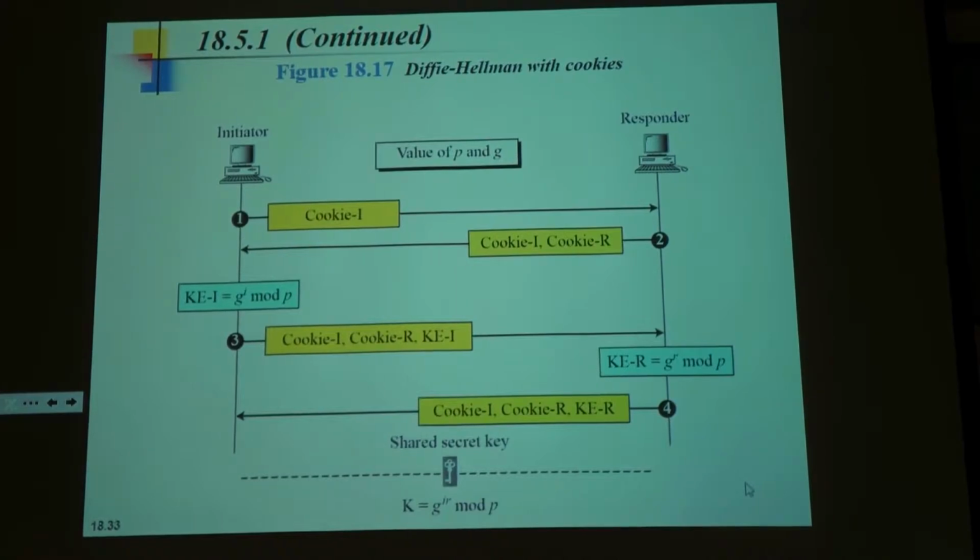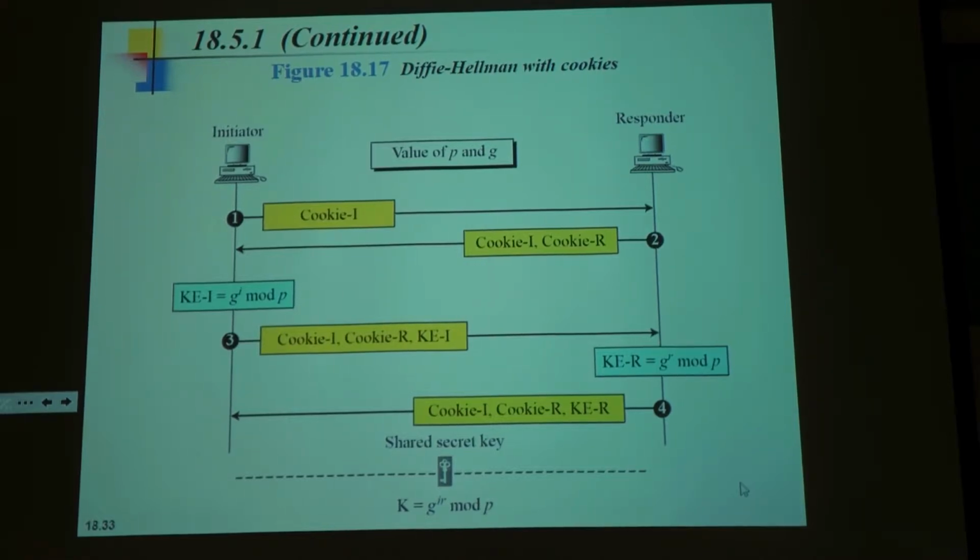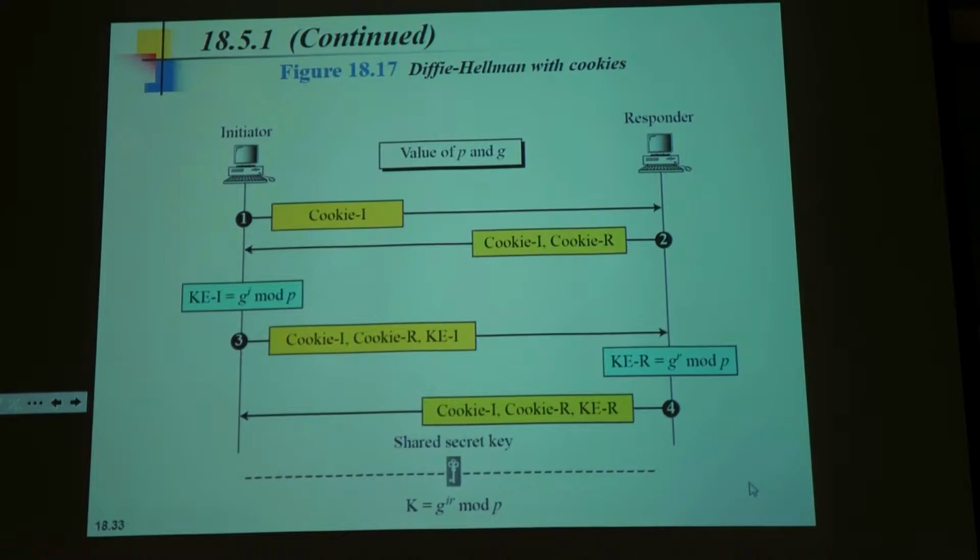So Diffie-Hellman with cookies: you could use Diffie-Hellman with cookies to prevent clogging, or denial of service attack. To prevent it, what do we do?